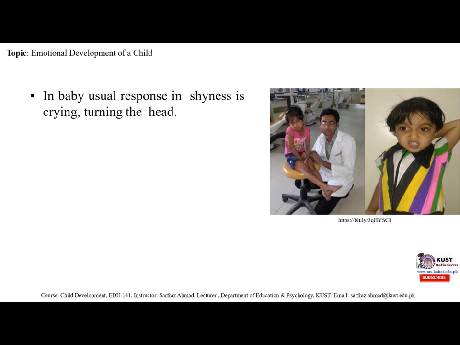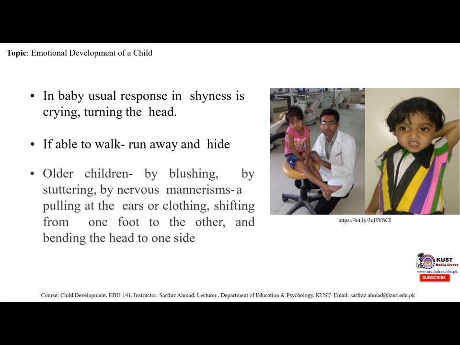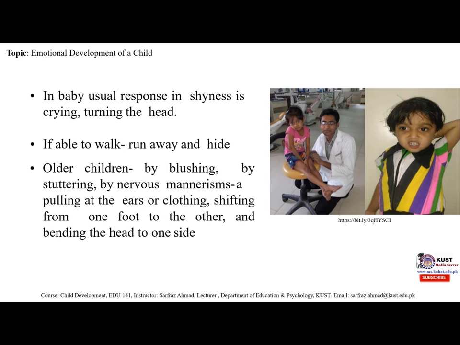In a baby, the usual response in shyness is crying, turning the head, and if able to walk, running away and hiding. In older children it shows by blushing, stammering and stuttering, by nervous mannerisms, pulling at the ears or clothing, shifting from one foot to the other, and bending the head to one side.